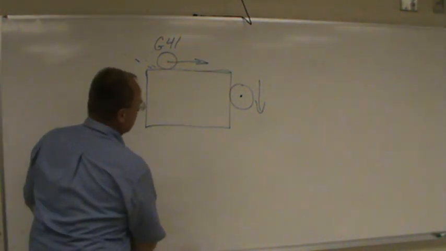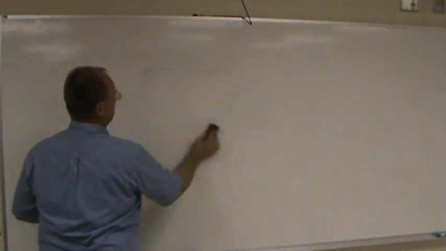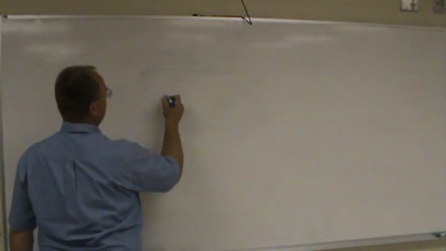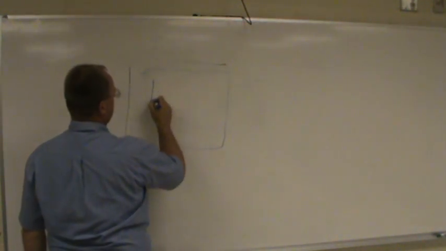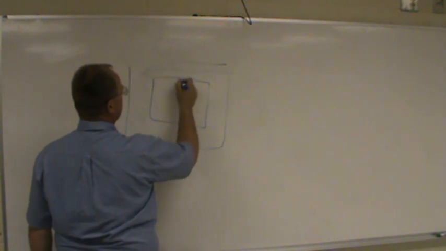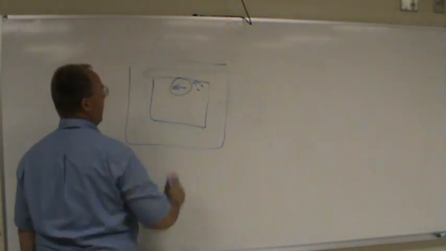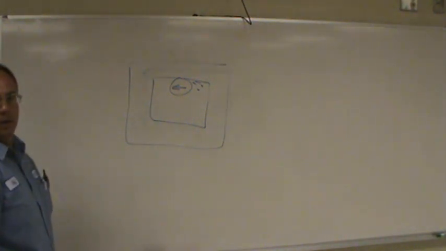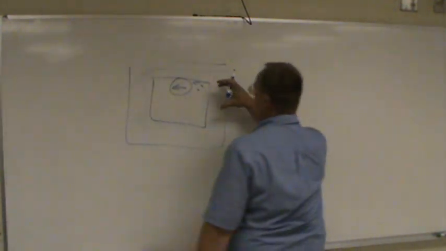Let's say you're doing an inside pocket. Now here's our part, and we've got a pocket on the inside. Here's our cutter. We want the chips to come out behind, so that means we want to go that way. Get behind the cutter.